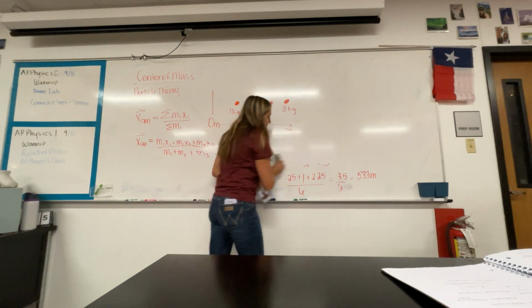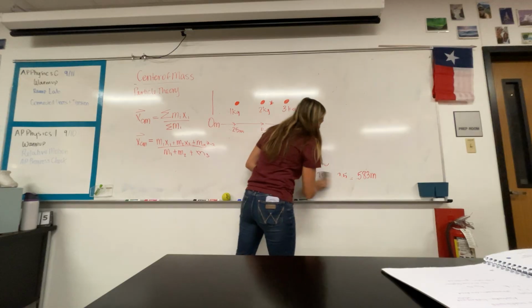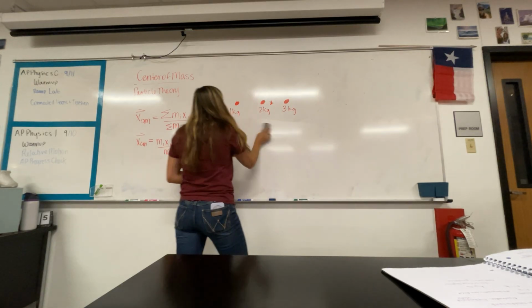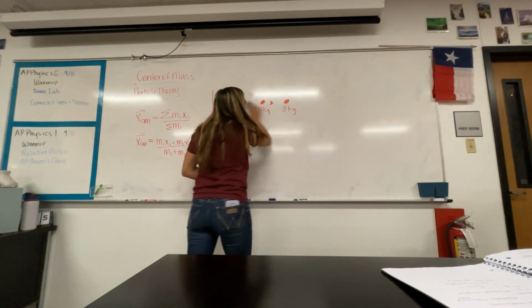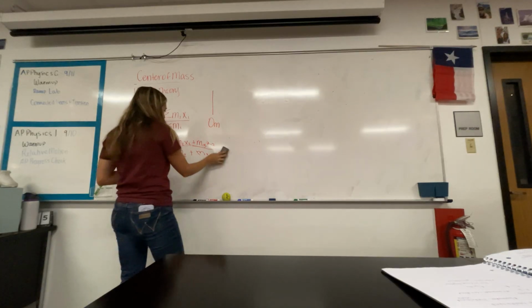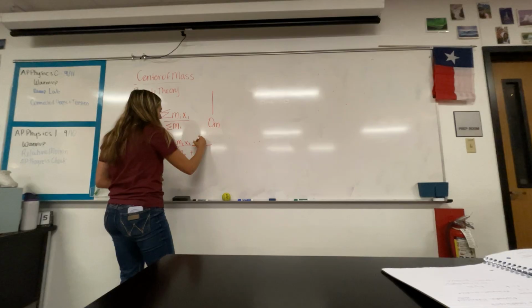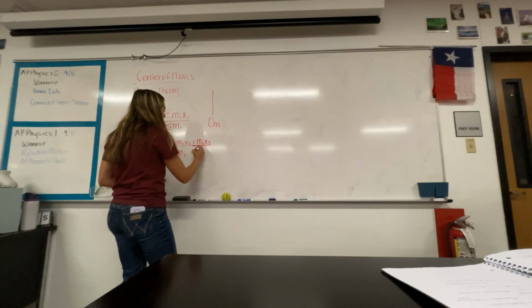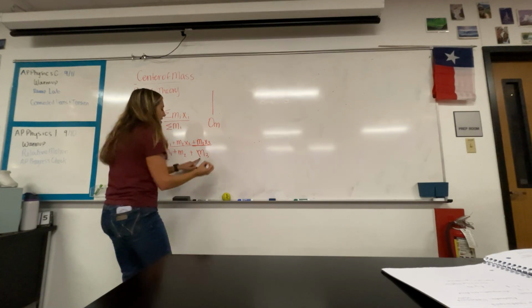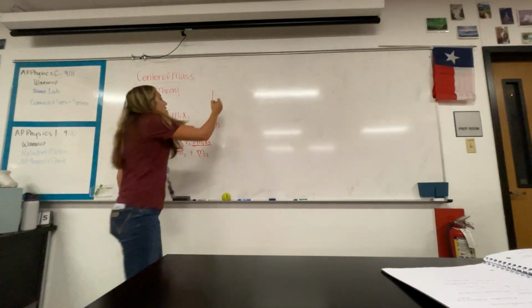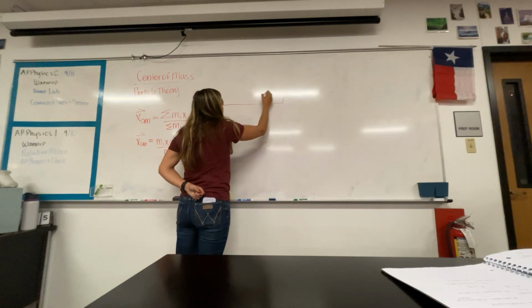What if, instead of just 3 separate objects, they are actually connected? I'm going to fix this because it's bothering me. M3, X3, M3. Oh, I did it again. I'm trying to draw an X, that's why. So I have a piece of wood, we'll call it a plank.